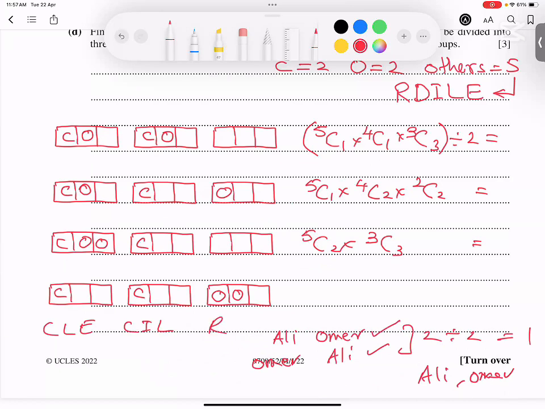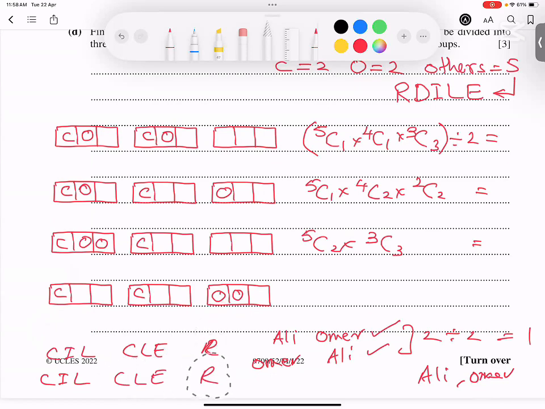Maybe the same LE goes here and LI comes before. So CIL and CLE are not changing. Do you think they are different from each other? Not at all. They are the same. Basically, if this comes before and this goes later, it is the same. So you can see they are exactly the same. So we divide by 2 to get the answer.